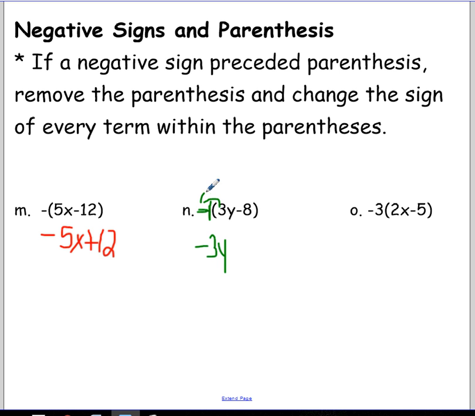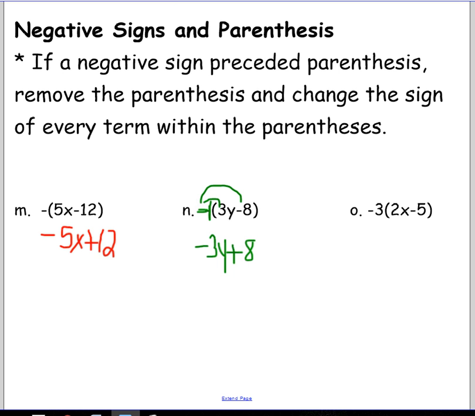And then negative 1 times negative 8 is 8, and a negative times a negative is a positive. So either way, you're switching the signs. Again, I like to think of it as multiplying by negative 1, so I can draw my lines. I can even draw them here without putting that 1 in there, just so I remember that all the signs change.